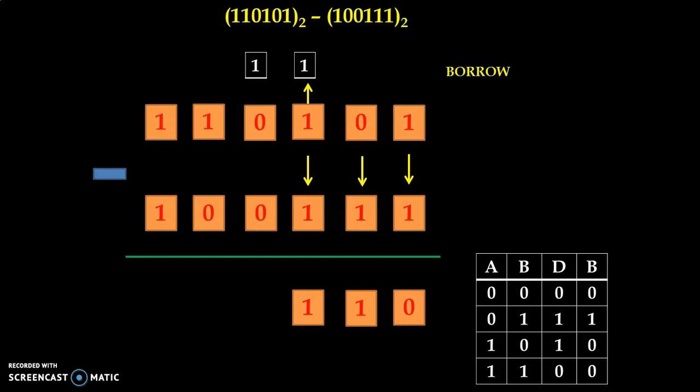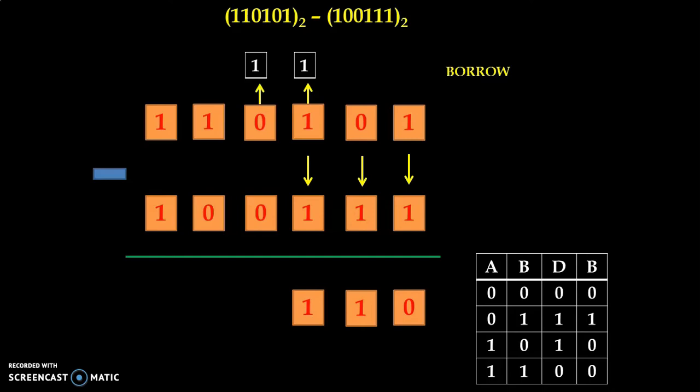Now again, when we have taken a borrow, the subtraction is always a two-step process. So again, we have taken borrow 1 from the 0, right? So first we have to subtract this 1 borrow from the 0. But now we know that again 0 is a smaller value than 1. So 0 minus 1.